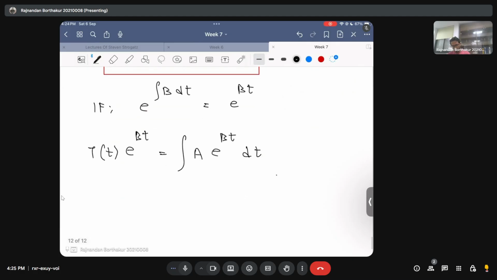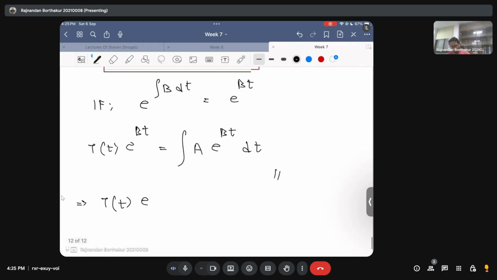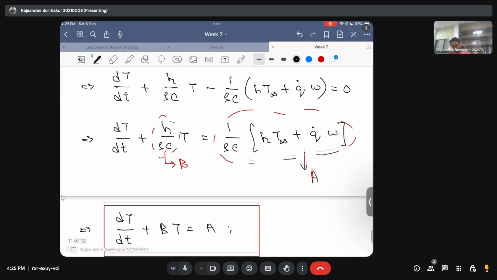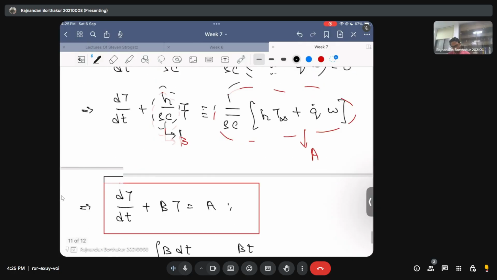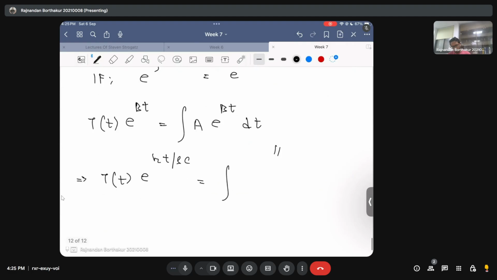That's the solution. If you substitute the values for a and b, it will be T, which is a function of time, times e power bt, where b is h by rho c, so it becomes e power ht by rho c, equal to the integral of a. But a is not a function of time, so a will come outside the integral, and this will be a times the integral of e power ht by rho c dt.